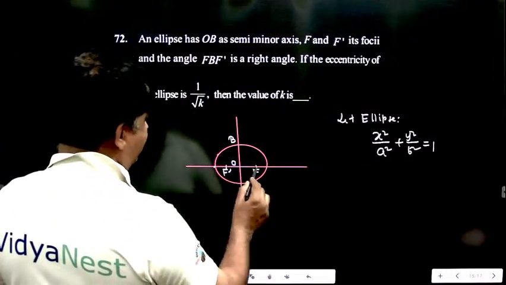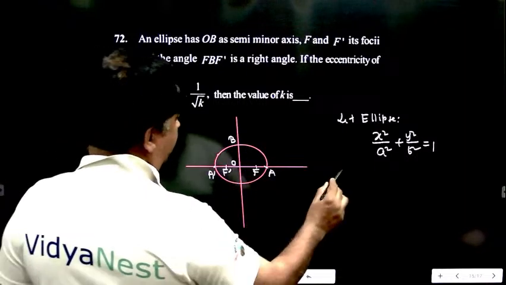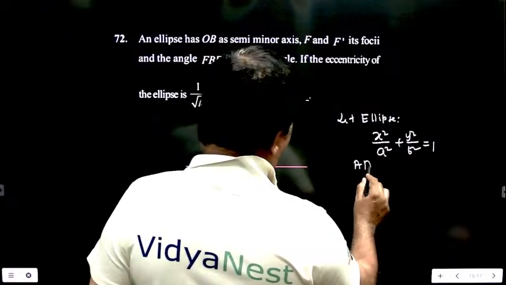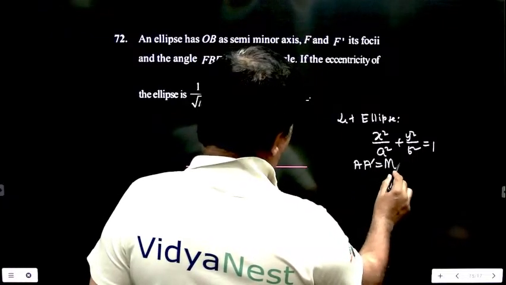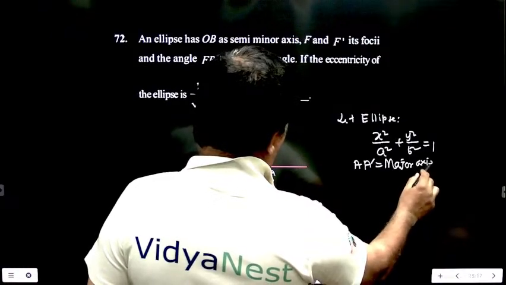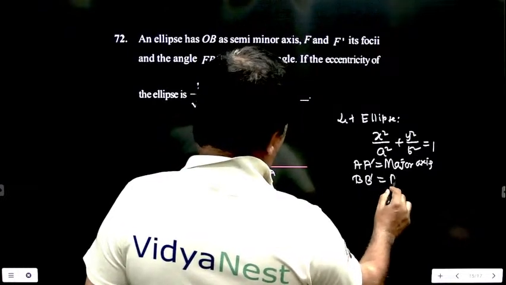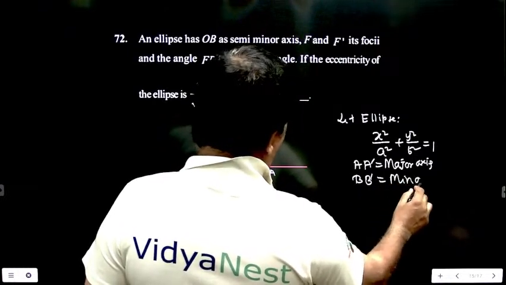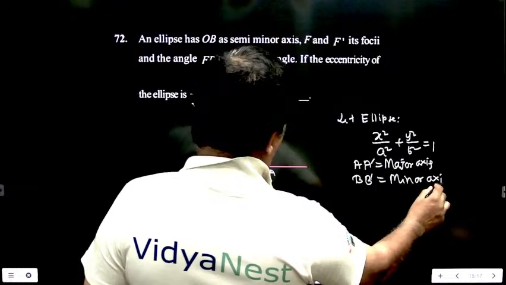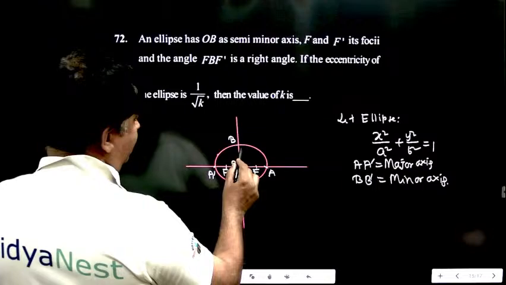This is the major axis, A dash A, and B dash B is the minor axis, where OB is the semi-minor axis, this length.